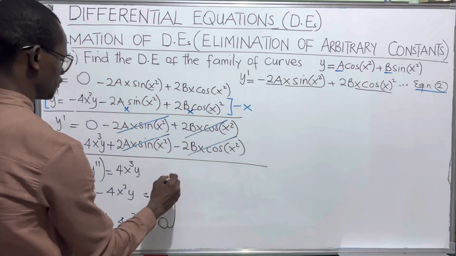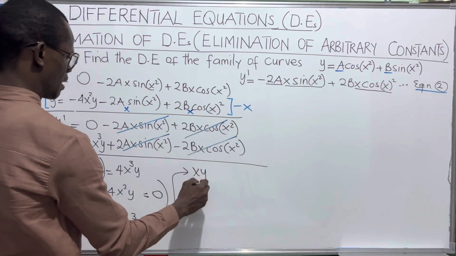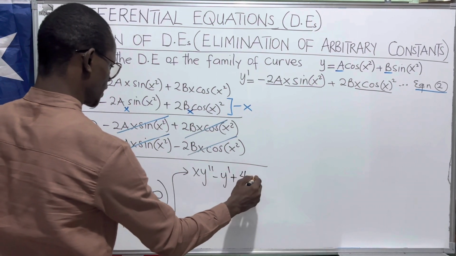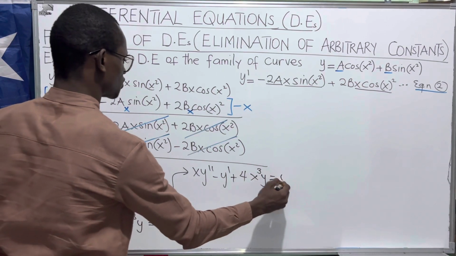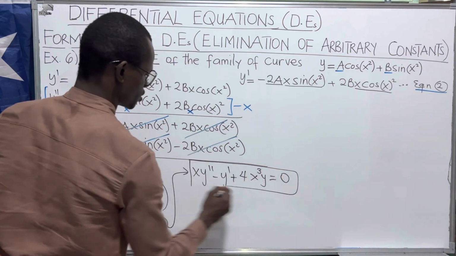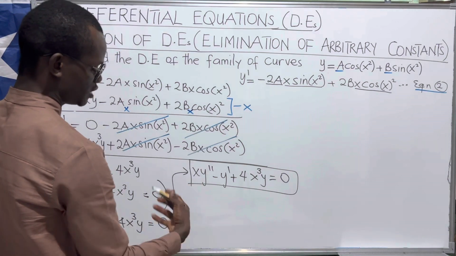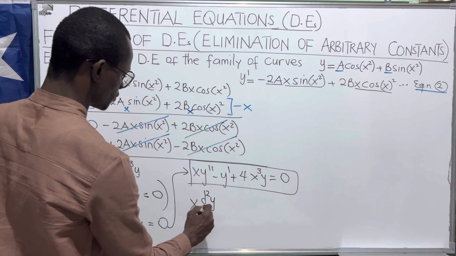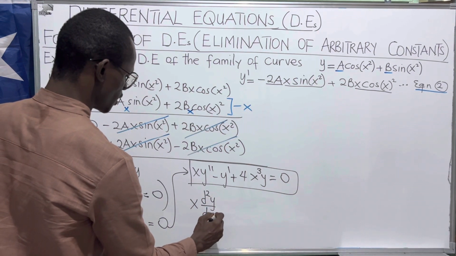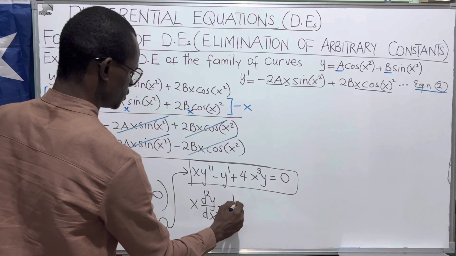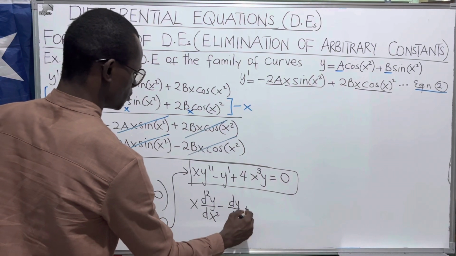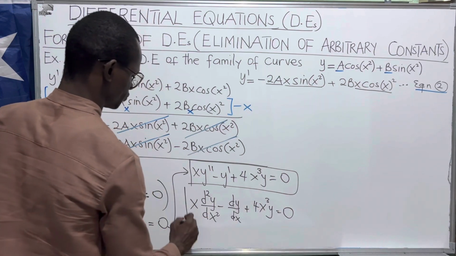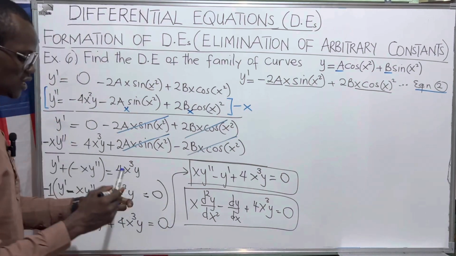Finally we will have x y prime prime minus y prime plus 4x cubed y equals 0. So there's the differential equation. Or you can use dy by dx: since it is second order, we have x d2y by dx squared minus dy by dx plus 4x cubed y equals 0.